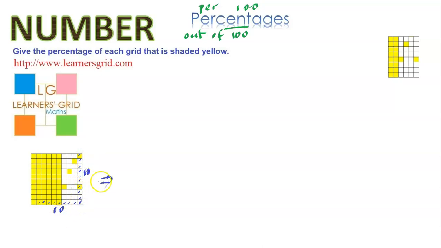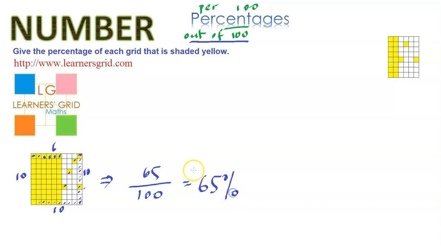So 10 times 10 is 100. How many are yellow? So we've got 1, 2, 3, 4, 5, 6, and we know that's 10, so that's 60, 61, 62, 63, 64, 65. Now again, this is already out of 100, so the answer is 65%. Nice and simple.